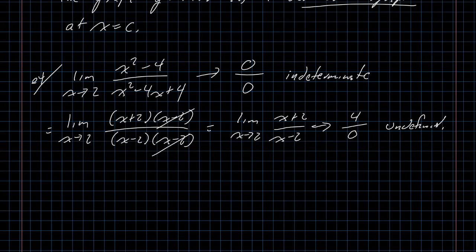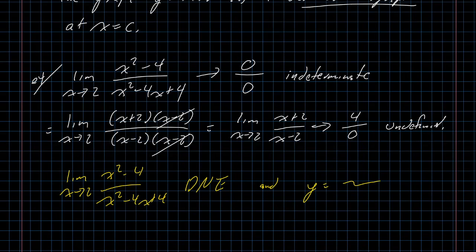So with that result, we can claim that the limit as x approaches 2 of x squared minus 4 over x squared minus 4x plus 4 does not exist, and y equals that fraction has a vertical asymptote at x equals 2.